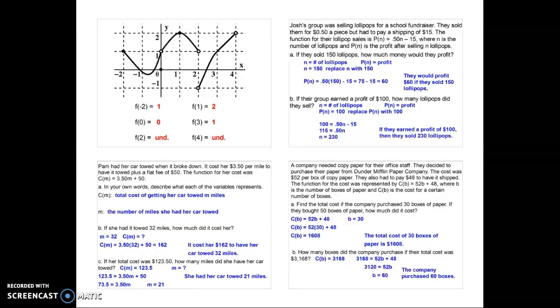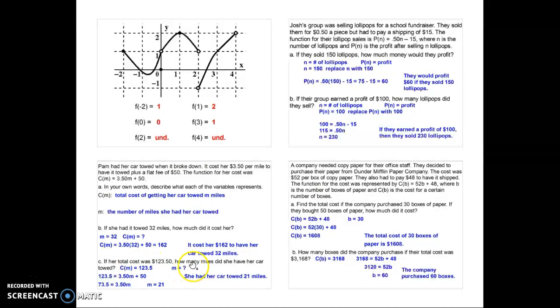But again, we need to be writing this in a sentence format. So just reword the question. If her car would have been towed 32 miles, it would cost her $162.